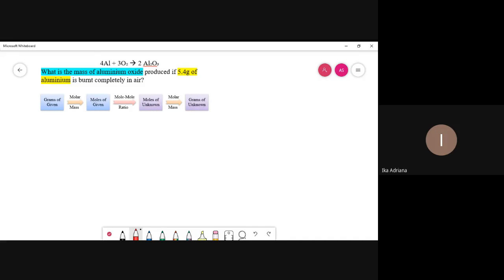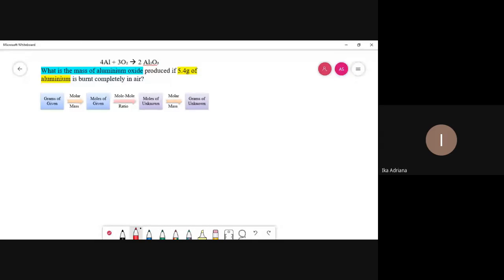Okay, hi everyone. So today we are going to learn how to solve stoichiometry numerical problems. Apa yang pentingnya stoichiometry ni? Stoichiometry actually helps us to determine, in order for a certain product to be produced, how many grams of reactant are needed.